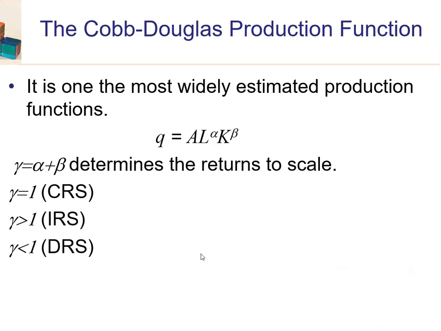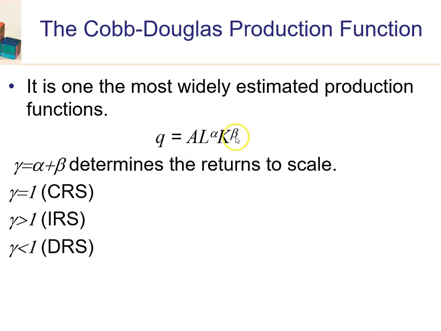So let's talk about this in terms of the Cobb-Douglas production function. You have your output as a function of some parameter multiplied by labor, which is raised to the alpha, times capital, which is raised to the beta. So your gamma, adding up your superscripts, will tell you your returns to scale.